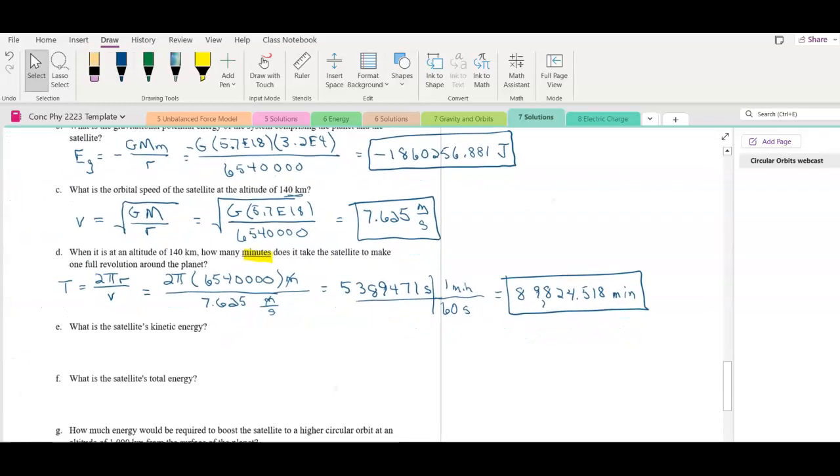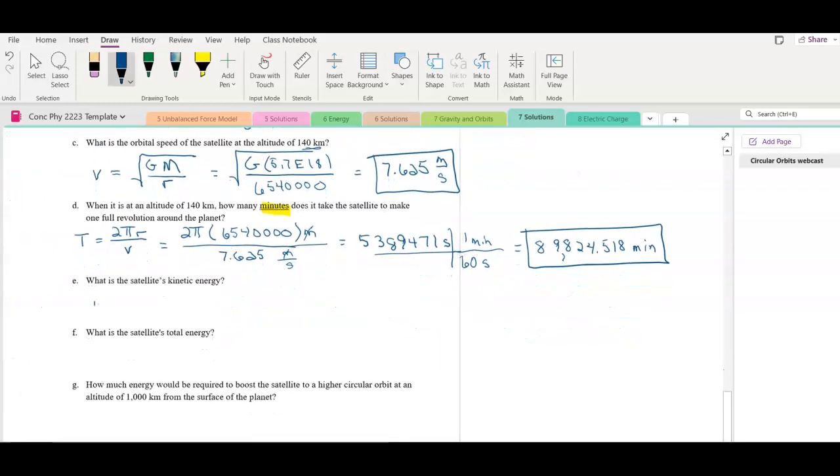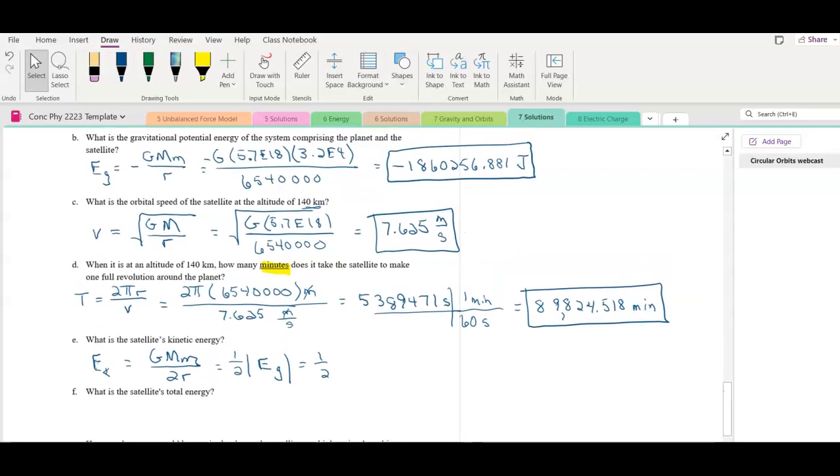Okay, then they want to know what's the kinetic energy of the satellite. Well, the kinetic energy of the satellite is positive, and it's G times the product of the masses divided by 2r, or I could say it's 1/2 of the absolute value of the gravitational potential energy. Since I've already calculated the gravitational potential energy, that's what I'm going to do.